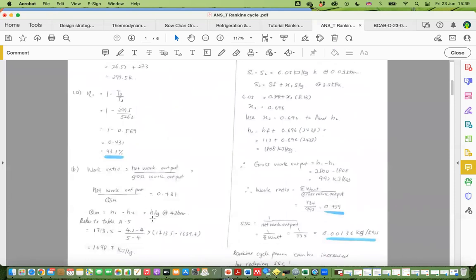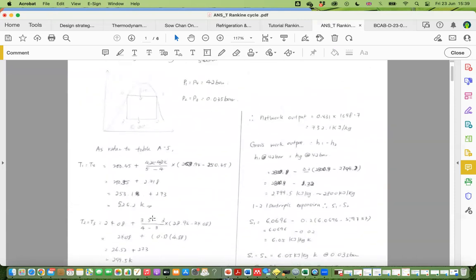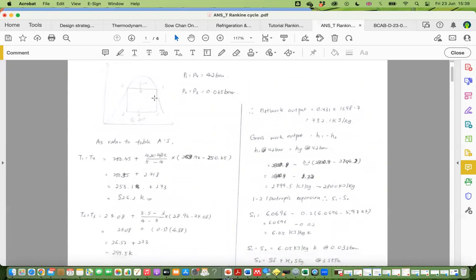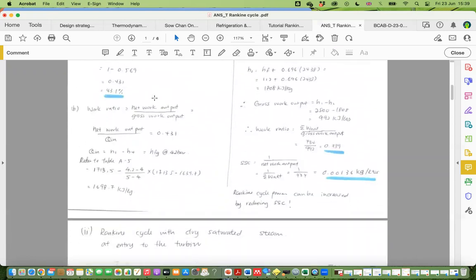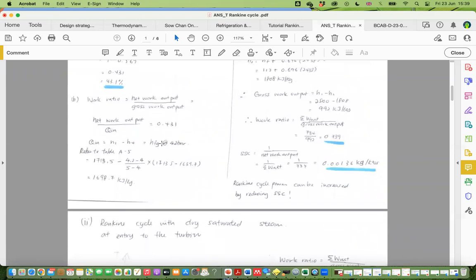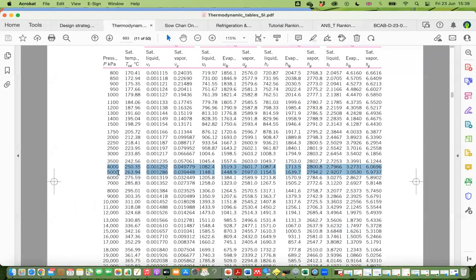Okay, and you know that Q in, H1 minus H4, is the hfg because it's located between the saturated curves. So what you can do is refer to the 42 bar, 4,200, let's say 4,000.